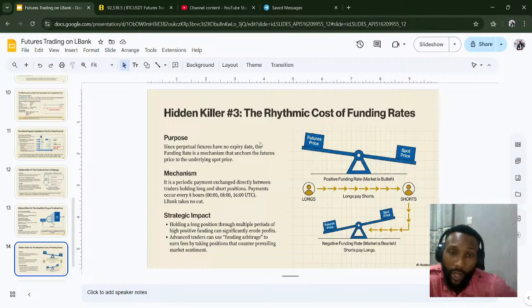Since perpetual futures have the funding rate mechanism that anchors the futures price to the underlying spot price.